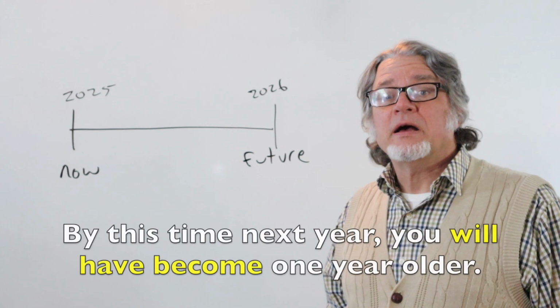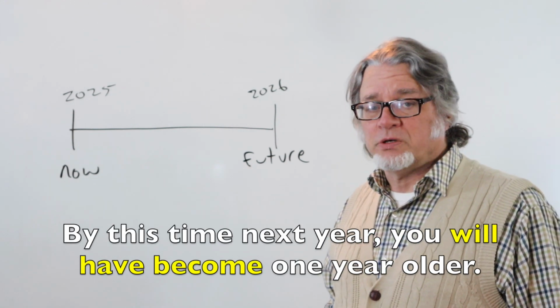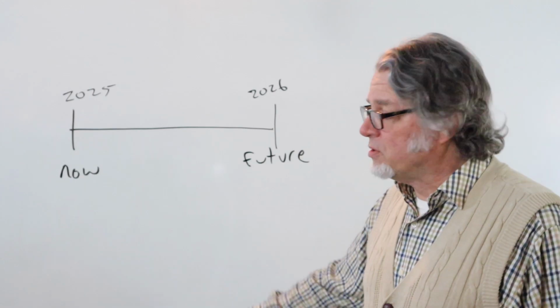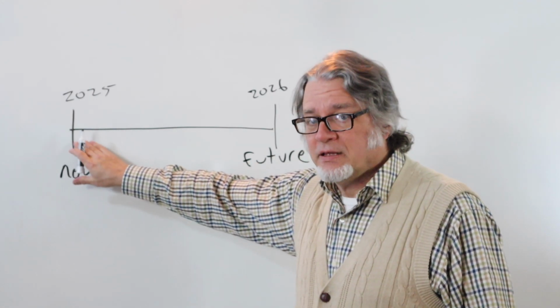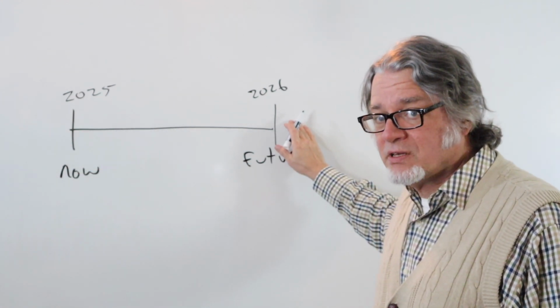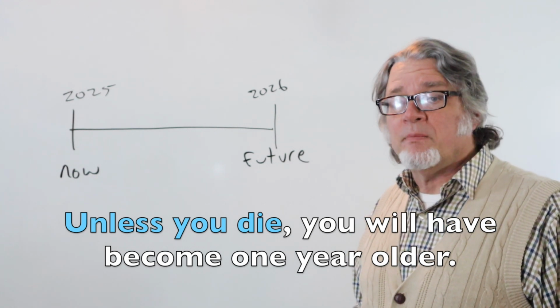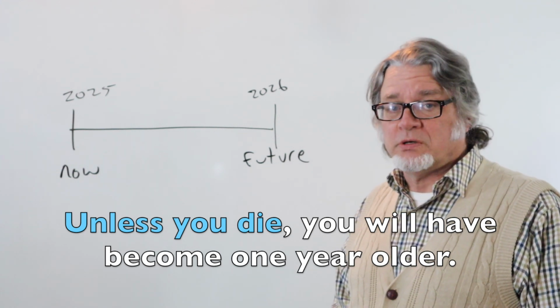By this time next year, you will have become 1 year older. So here's 2025, this is now, and here's 2026. Unless you die, you will have become 1 year older.